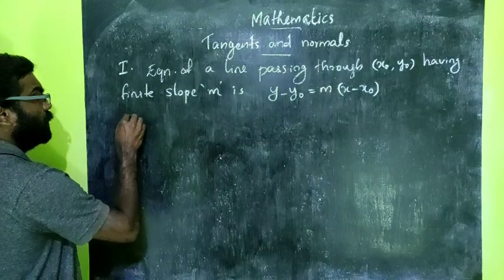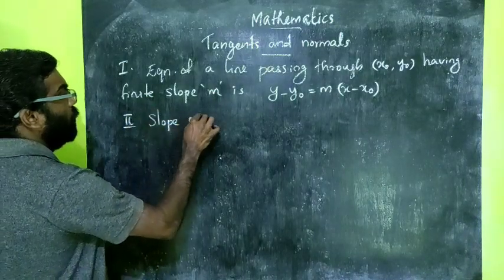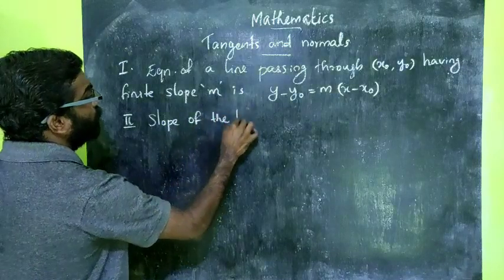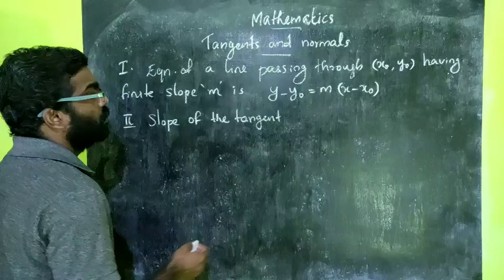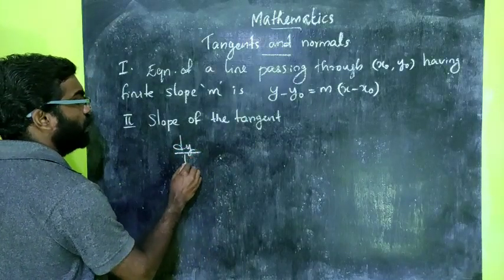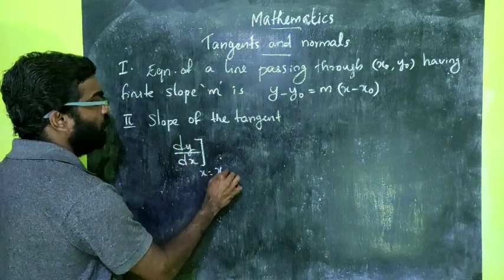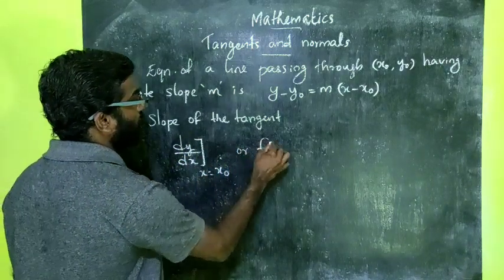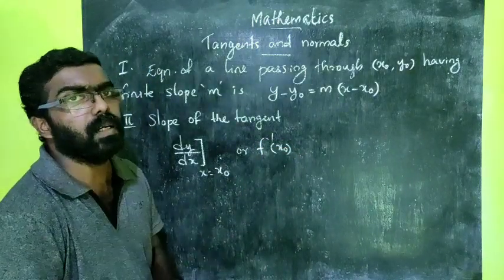And the next one is slope of the tangent. Here the slope of the tangent is dy by dx or f dash of x, so dy by dx at the point x equal to x0, or we can use another notation f dash of x0. Slope means the derivative at that point.